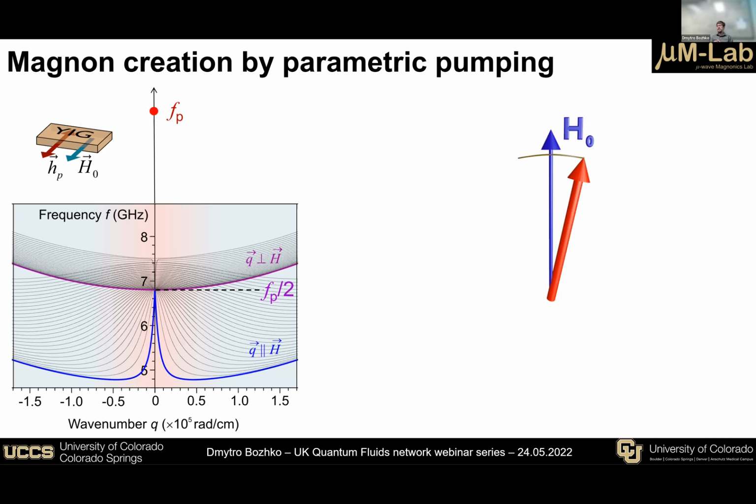However, creation of a single magnon is kind of tricky. To create a magnon, you classically need just one photon of microwaves, and then you can convert it using a microwave antenna. So that's fine, but you need a single photon to begin with.